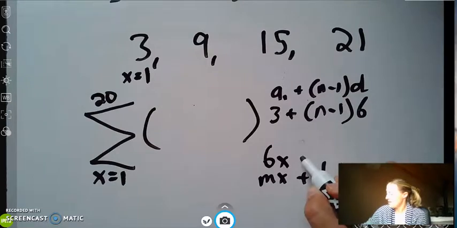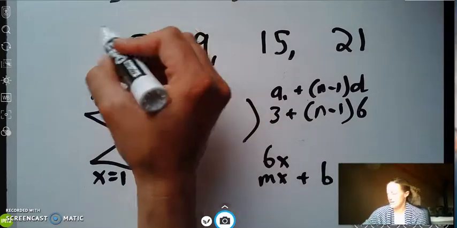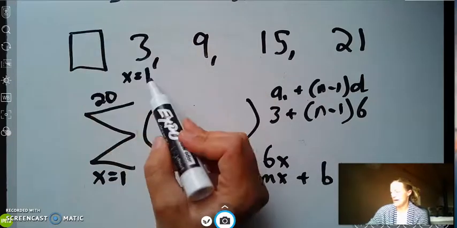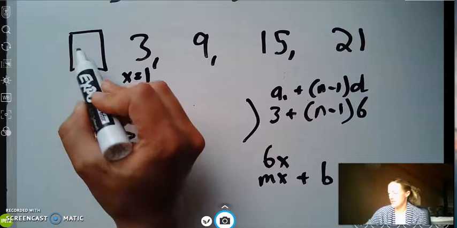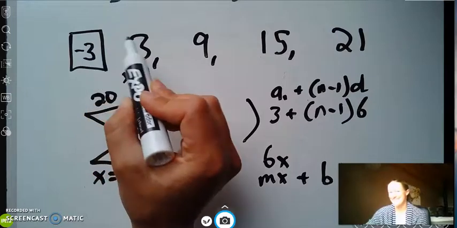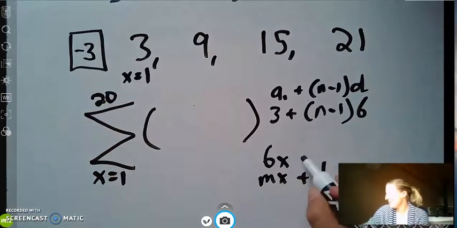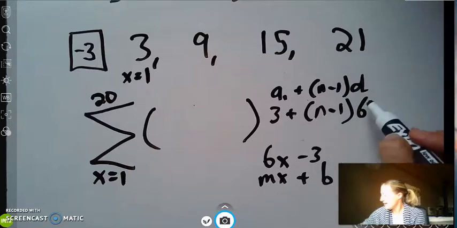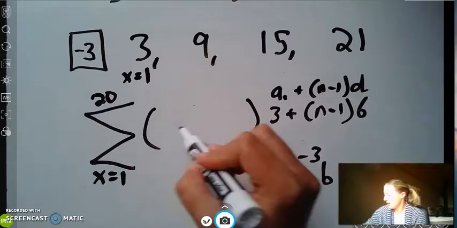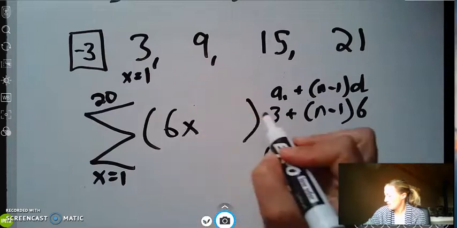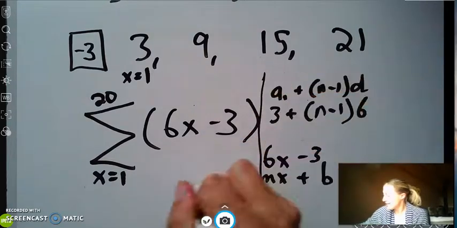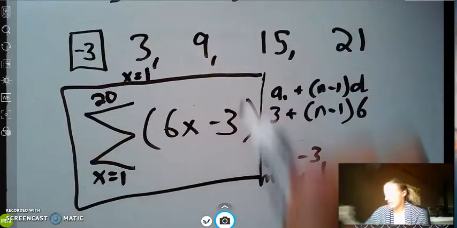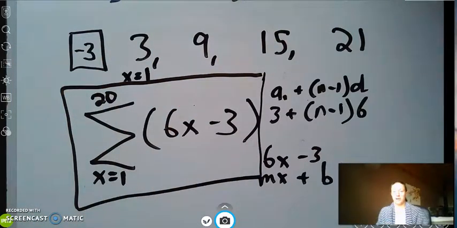And then the y-intercept, which is when x is 0, would be negative 3, because negative 3 plus 6 is 3. Got it right the second time. Either one of these formulas can go in here. I'm going to do the simplified version just because there's one less set of parentheses. And then we can use technology to figure this out instead of doing it all by hand.